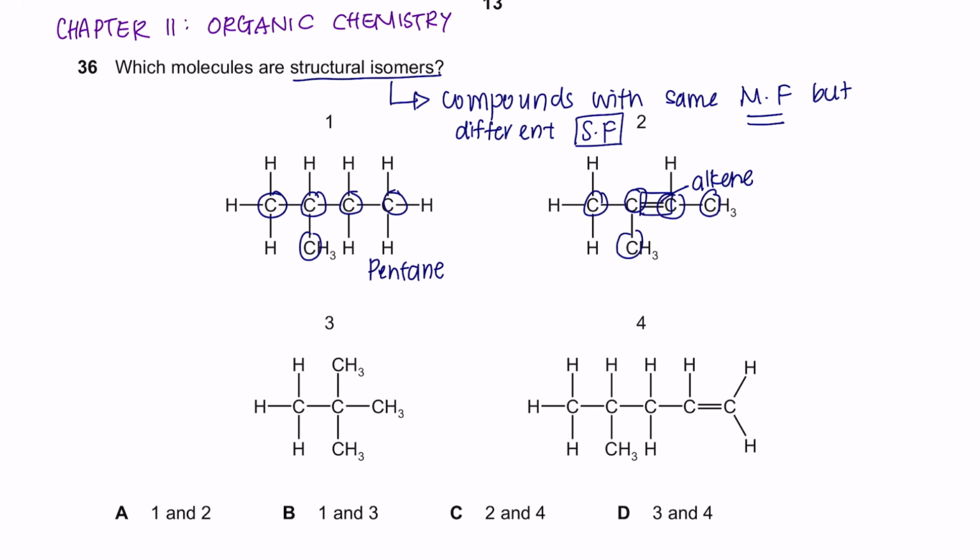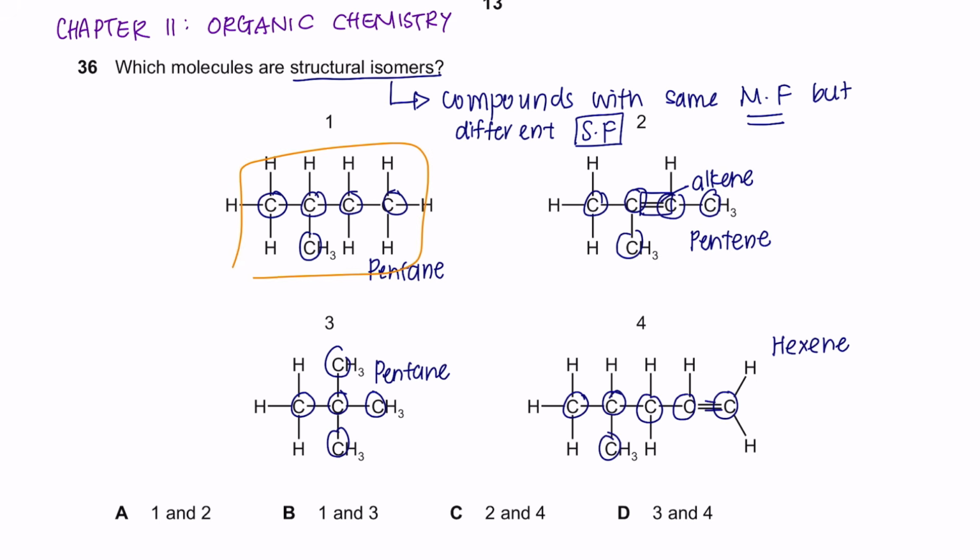This is an alkene, so it's going to be pentene. Next, you have 1, 2, 3, 4, 5 carbon, all single bonds, an alkane, so this is a pentane. And lastly, you've got 6 carbons with double bond, so it's going to be a hexene. So compound 1 and compound 3 both have 5 carbon and 12 hydrogen. So the same molecular formula, they just look different. So the answer is 1 and 3.